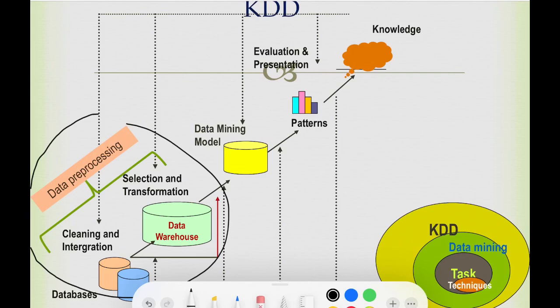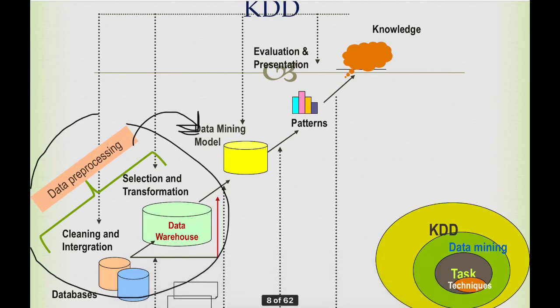For example, kita ada banyak 2-3 database yang kita kena integrate together, and then we need to clean before we integrate. And then in data warehouse, also we need to do the selection and transformation so that kita boleh minimize the size of the data set, but then kita retain the value of them lah. Then only once we have done the data preprocessing, barulah kita boleh go to data mining model.